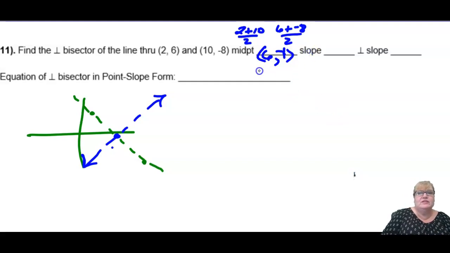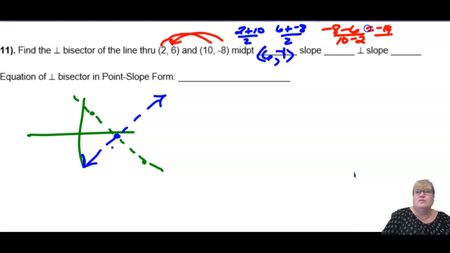So then we need the slope because we're supposed to do a perpendicular slope. So the slope is change in y, so subtract the y's, over the x's. So this gives me negative 14 over 8, which would reduce to negative 7/4.